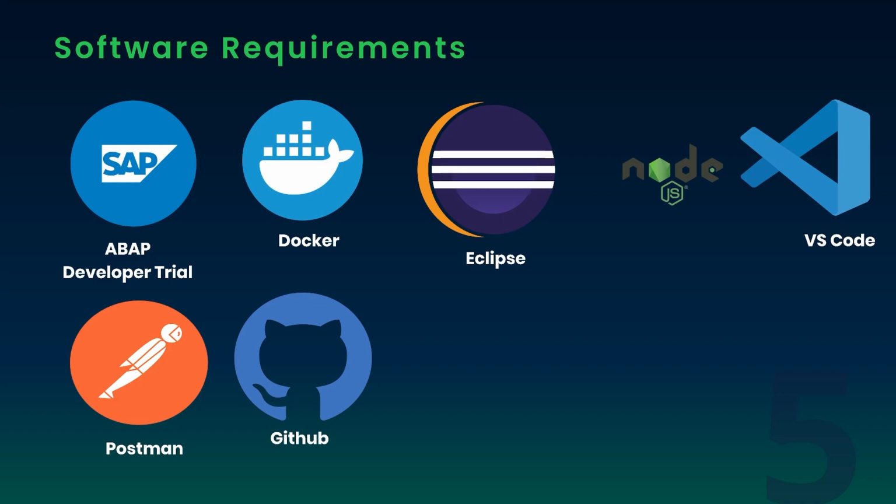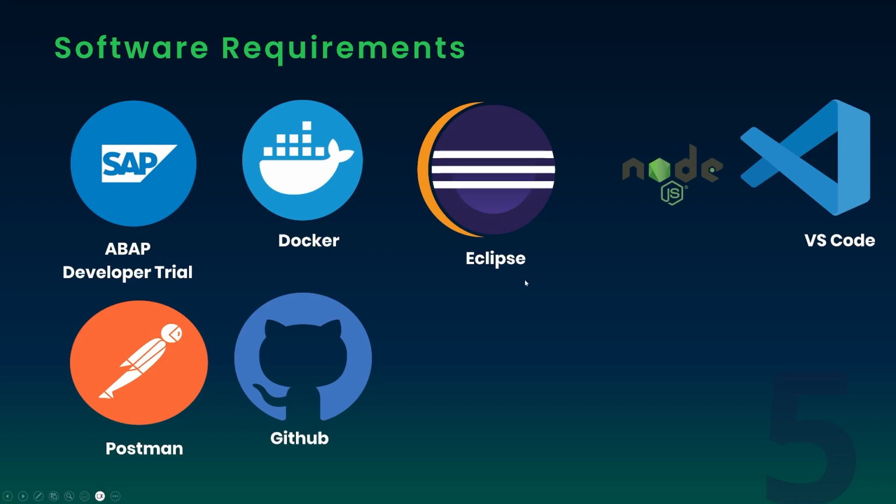In another video, I already described how you can install the ABAP Developer Trial. I will also mention that link in the video. And this ABAP Developer Trial comes with Docker, so you need to have Docker installed in your systems, but everything is in another video I already described.